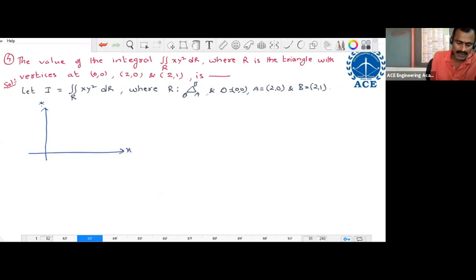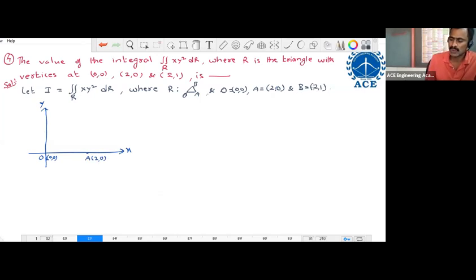X-axis, Y-axis, origin O. One of the vertices is at the origin, (0, 0). The next vertex is at (2, 0). In the coordinates of this point, the y coordinate is 0. Whenever the y coordinate is 0, the point lies on the x-axis, and the x coordinate is positive, so this point lies on the positive x-axis at (2, 0). The other vertex is (2, 1).